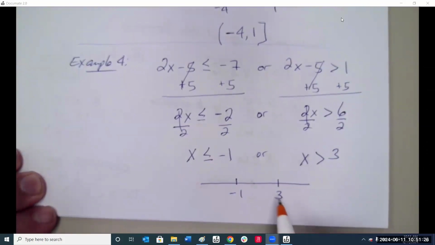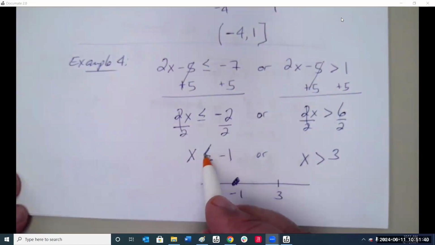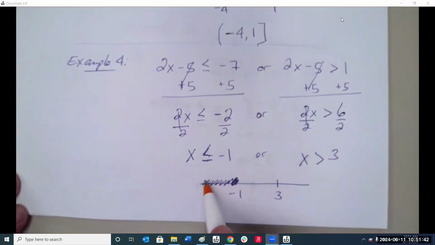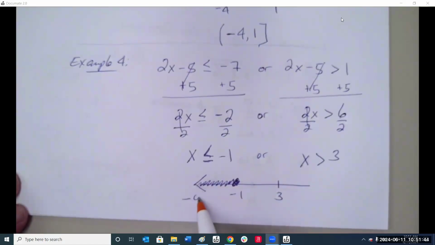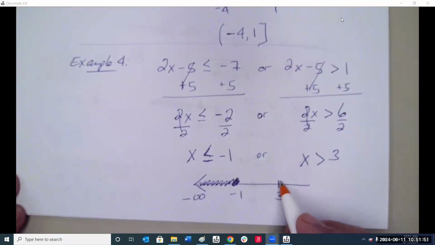We have negative 1 and 3. Is negative 1 an open or closed circle? Closed circle because there's an equal sign. And it goes to the left. X is less than. And on the right, is it open or closed? It's open because no equals.